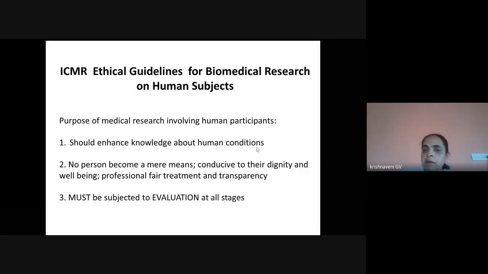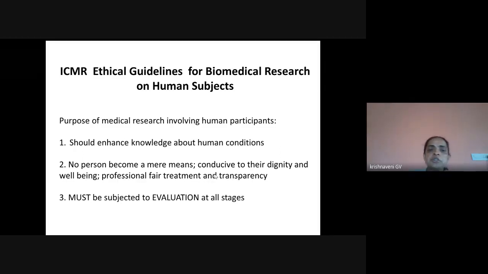The second point is that you can't just use human beings for research as guinea pigs. It is not just something you force your research on. You have to make sure that your research will be conducive to their dignity and respect as well as their health, and you have to treat them with utmost respect and fairness, and your research should be as transparent as possible.